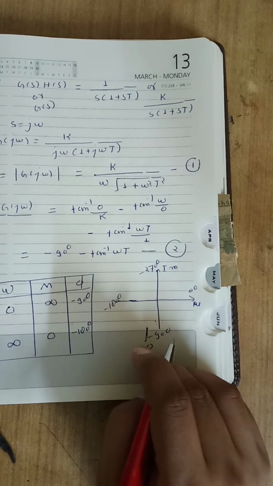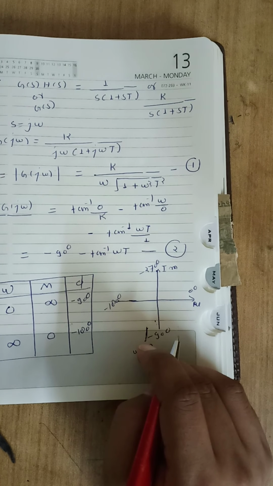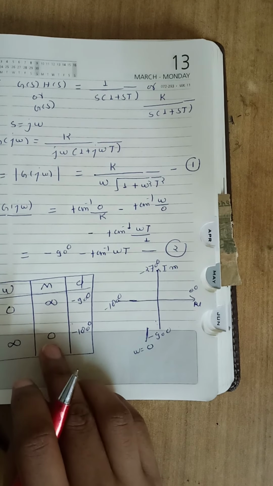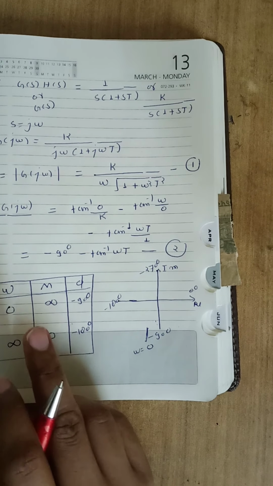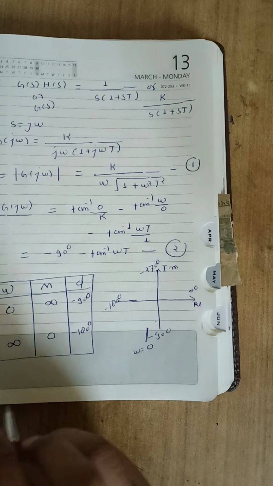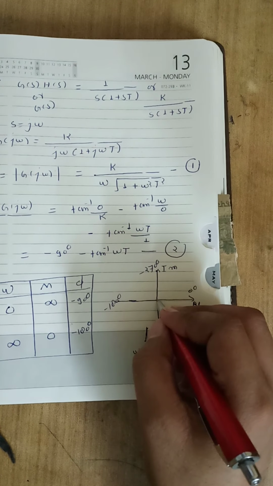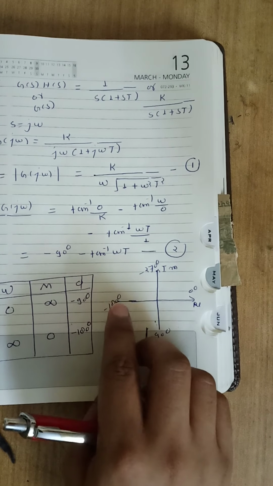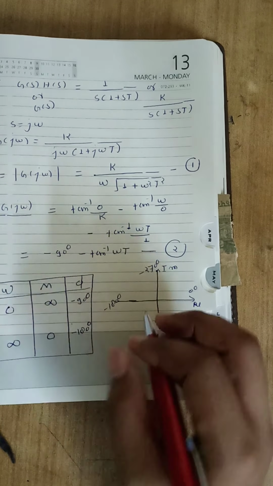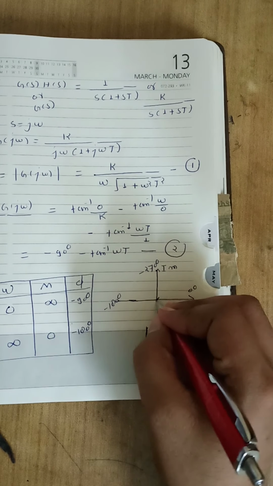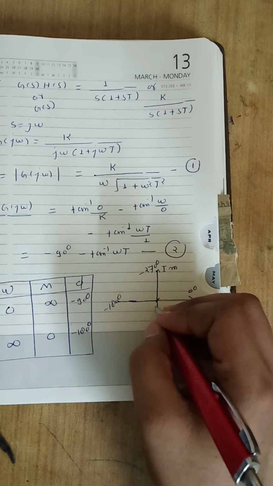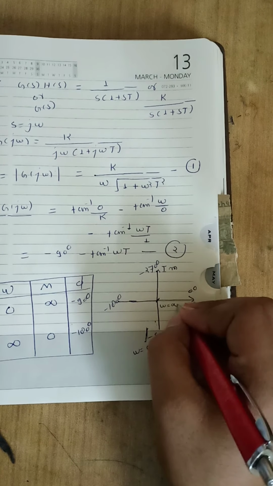Now for omega equal to infinity, the magnitude is 0 and the phase angle is minus 180 degree. At the origin the value is 0, and this line defines the angle of minus 180 degree, so here we have omega equal to infinity.